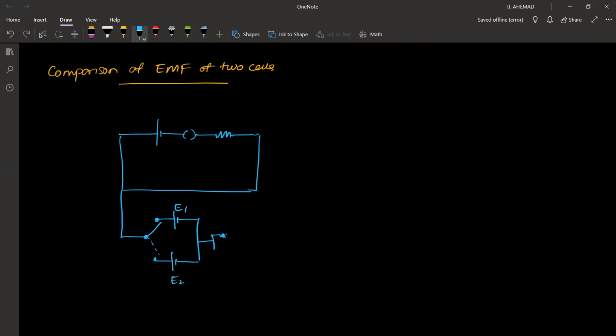The remaining setup is similar. We have a high resistance to protect the galvanometer, and then we have the sliding key. So here we have a variable resistor. This is E0 and this is E1 and E2.